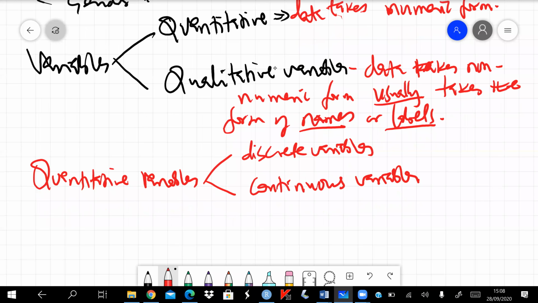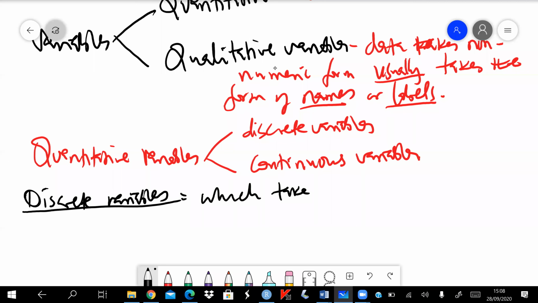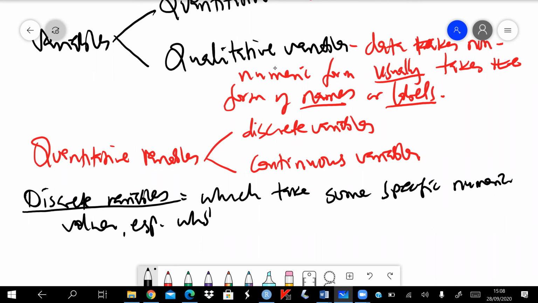Discrete variables are quantitative variables which take some specific numeric values, and in most cases, they take whole number values.